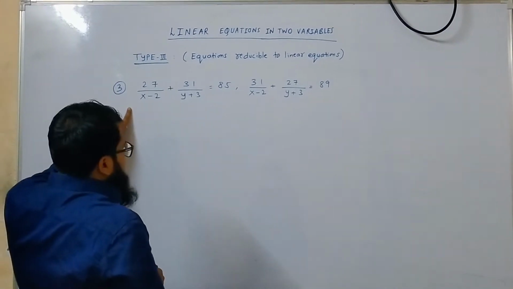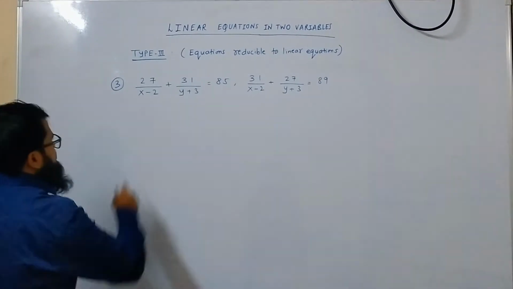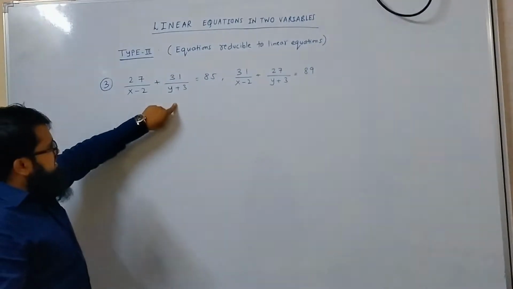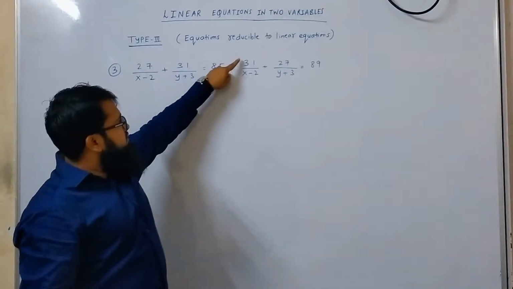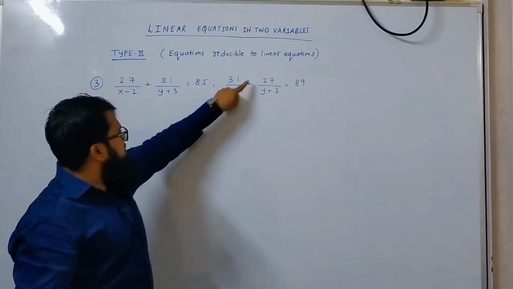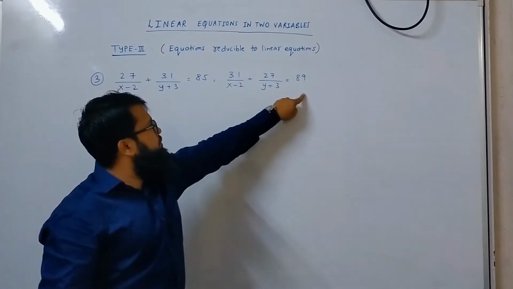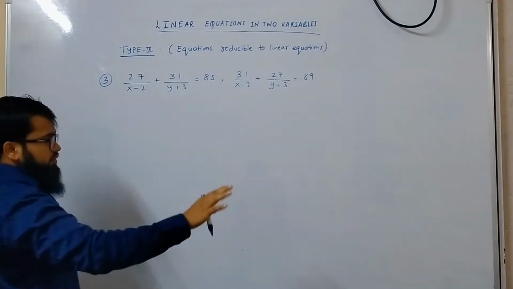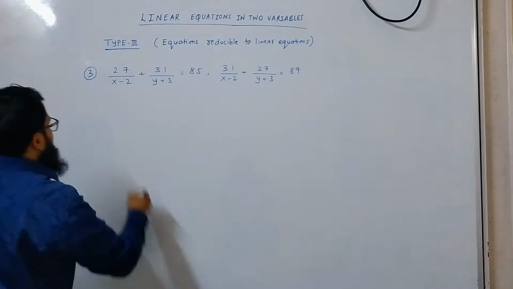Now let's solve the third question, which is 27 by x minus 2 plus 31 by y plus 3 equals 85, and 31 by x minus 2 plus 27 by y plus 3 is equal to 89. Again, you can see that these equations are not linear, but we can make it linear.